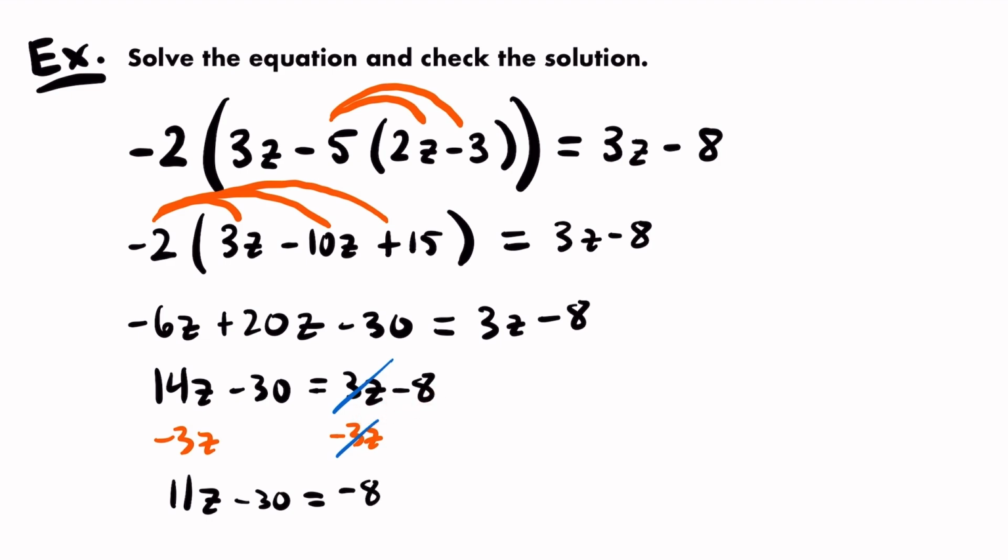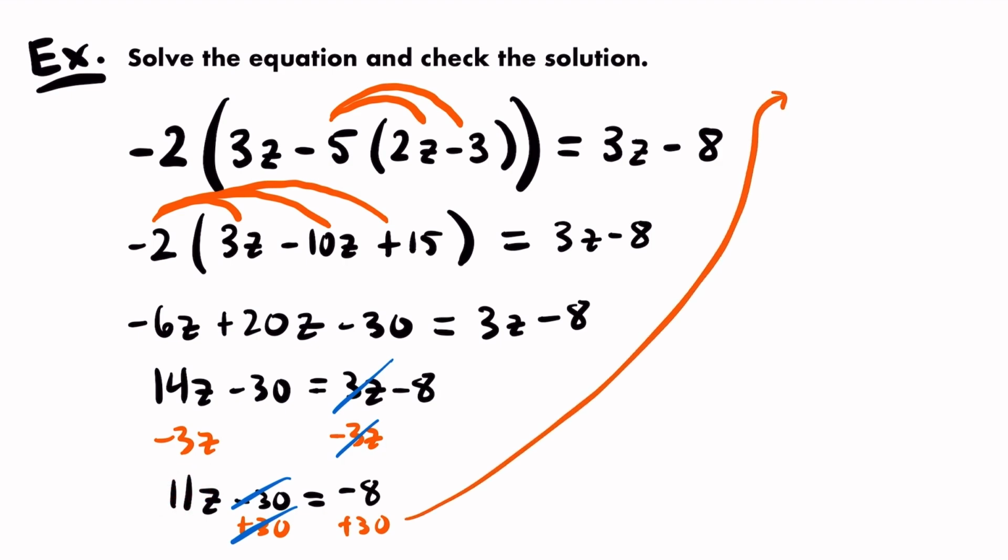All right, and so now we want to combine the constants to isolate the variable term. So now what we want to do is add 30 to both sides of the equation. That way -30 and positive 30 cancel out, just leaving you with the variable term. And so continuing our work up here, we'll have 11z equals -8 plus 30. 30 minus 8 is 22, so this is equal to 22.